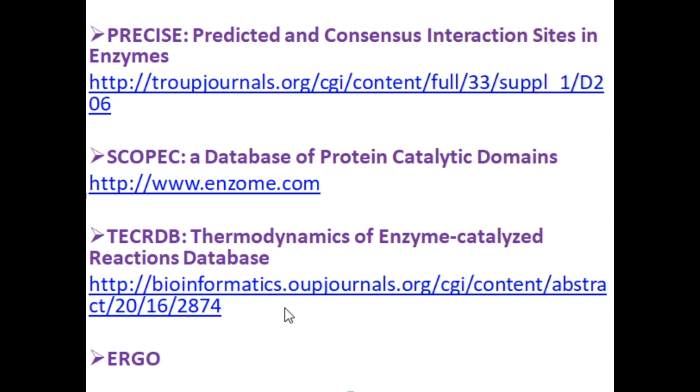It contains a comprehensive collection of thermodynamic data, with results from 1000 published papers covering 400 different enzyme-catalyzed reactions.